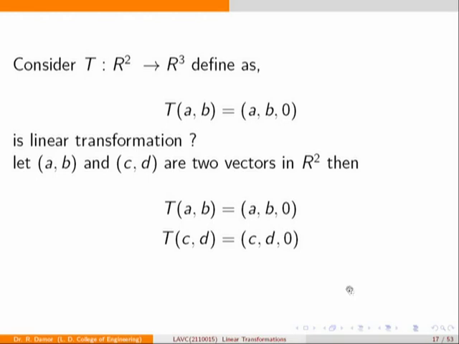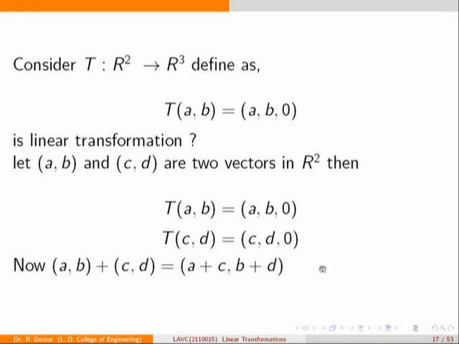Clear? Now what do I have to find? The addition of these two vectors (a, b) and (c, d), which is equal to (a + c, b + d).